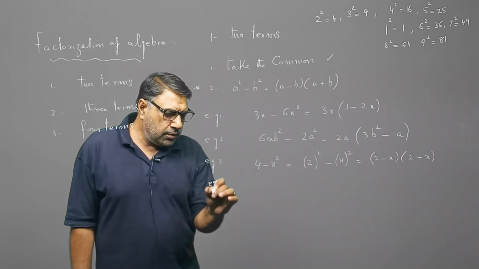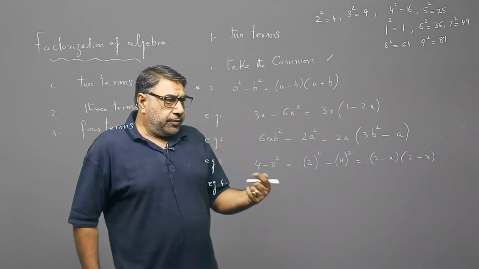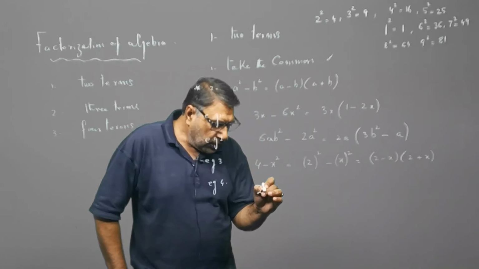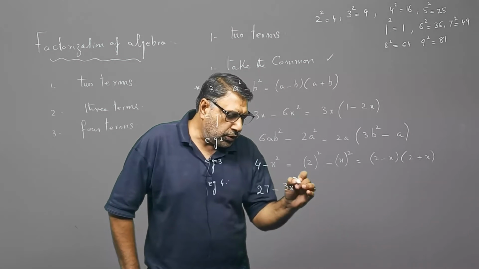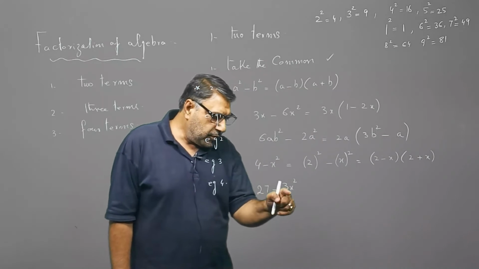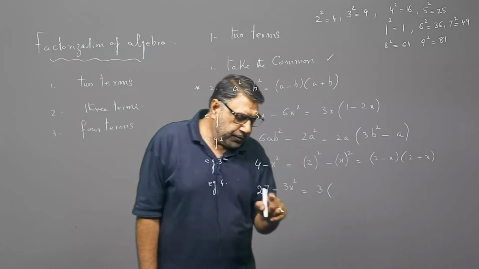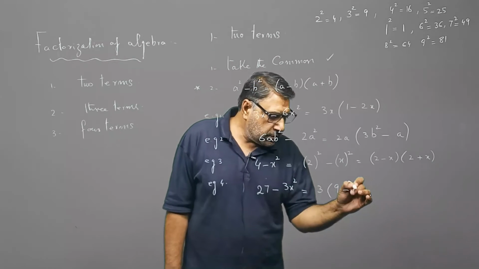Example number 4: 27 minus 3x squared. In this expression we have 3 common. Take 3 common first. You are left with 9 minus x squared.